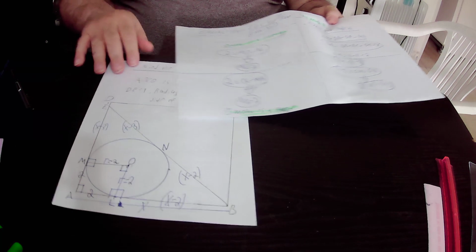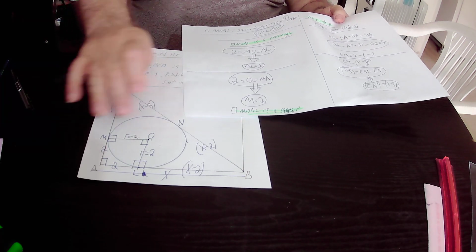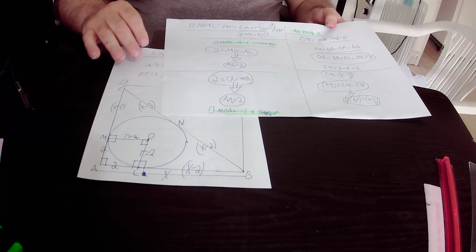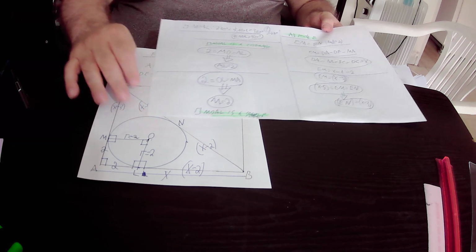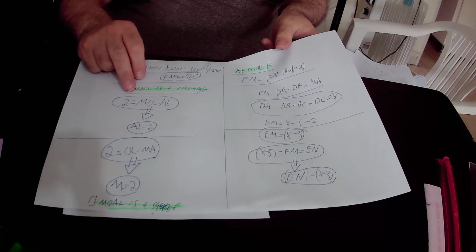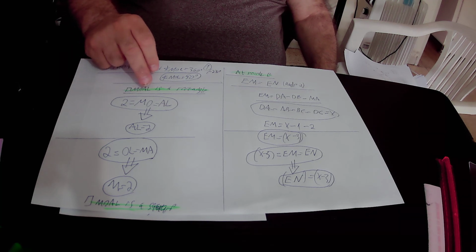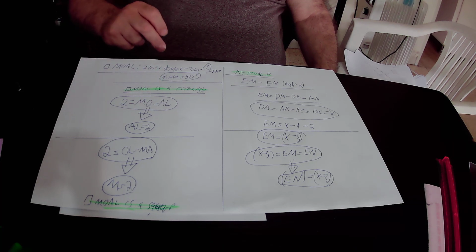So in rectangle MOAL, its opposite sides are equal to each other, that is to say MO equals AL. We have already found out that MO equals 2 units, so from the equation 2 equals MO equals AL, we derive that AL is also equal to 2 units.